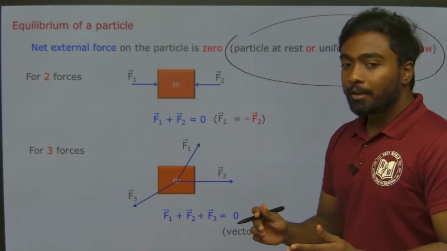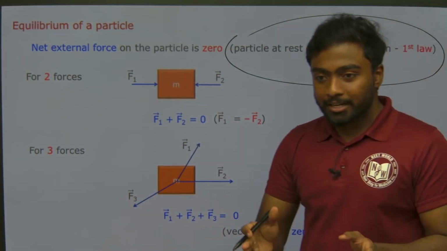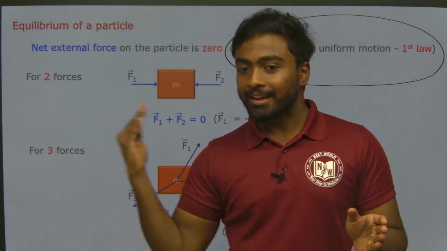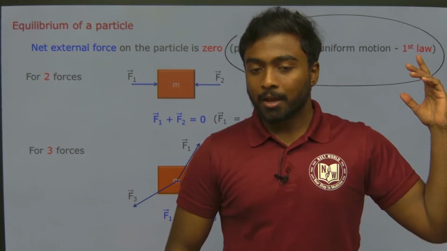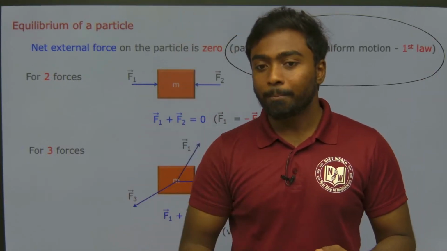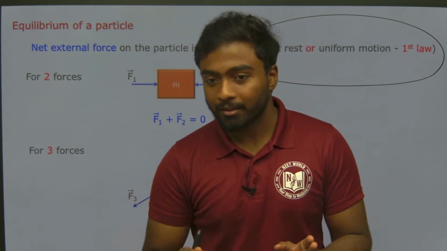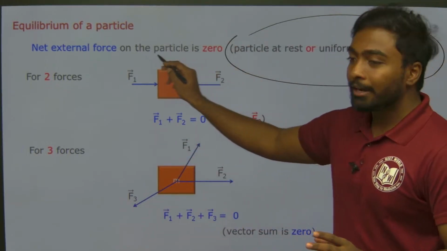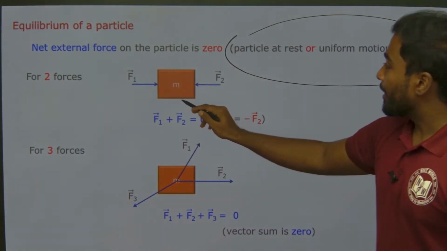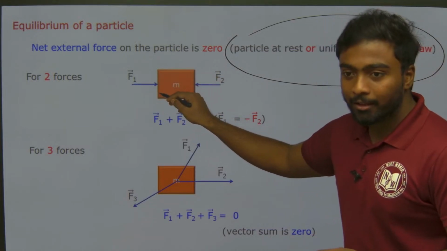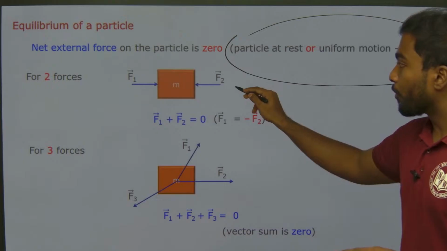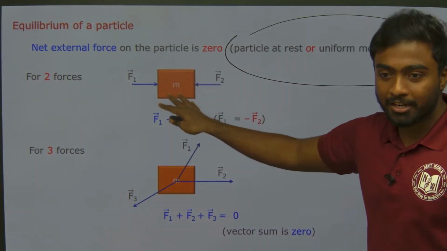So the same thing, if a body is to be at rest, a force in the x direction should be equal to minus the x direction force, and a force in the y direction should be equal to minus the y direction force. That's what Newton's first law says. So if I take an object M, and a force F1 is acting, an equal and opposite force should be there to keep the body at rest.